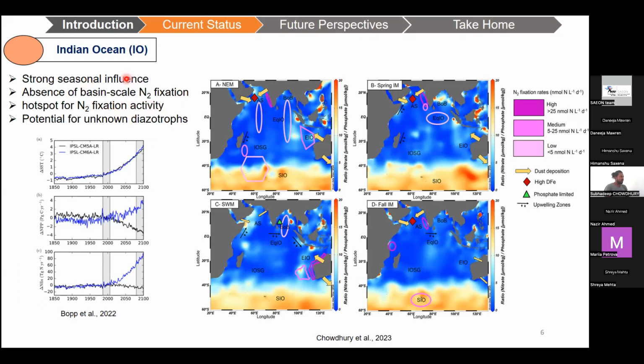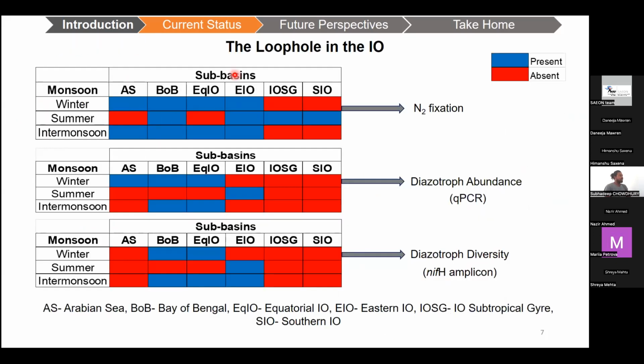And as there is a strong seasonal influence and a subtropical to subpolar gradient, this could also be a potential place for different unknown diazotrophs. So to understand diazotrophy in the Indian Ocean properly, this is a loophole where you can see the red points are absent.